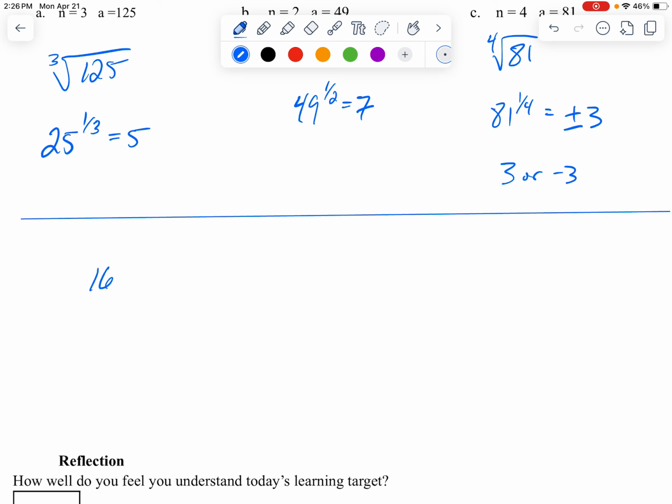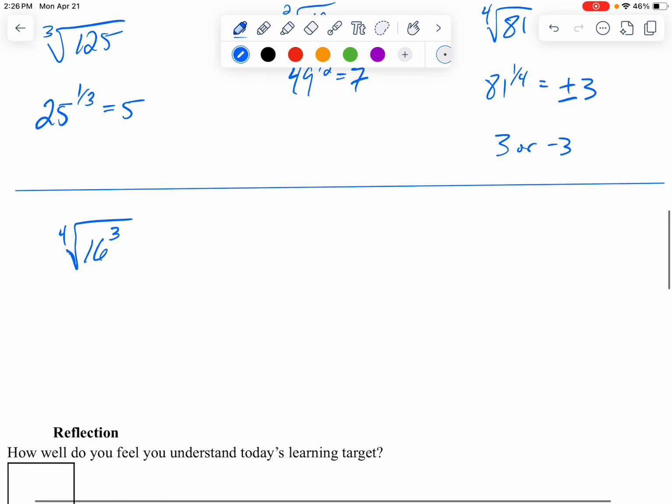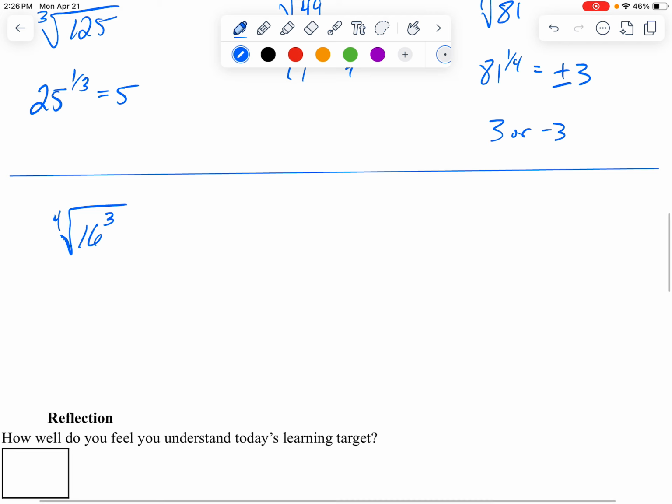If I had 16 to the 3rd power and the 4th root, we can write that in a way that combines both of these. And if you're evaluating this, it doesn't matter which order you do this in. So for example, you can take 16 to the third power, and then whatever you get, take the fourth root of that. Or you can take the fourth root and then raise it to the third power. Either way, it doesn't matter.